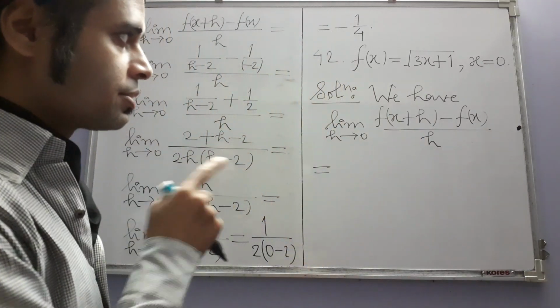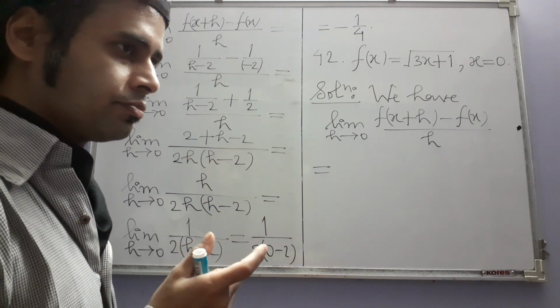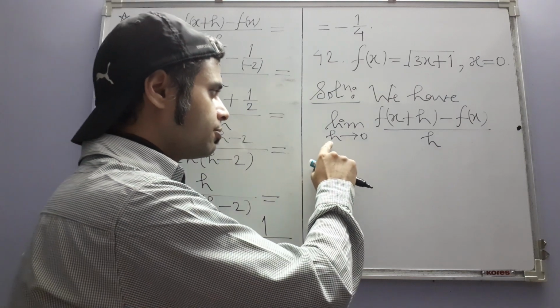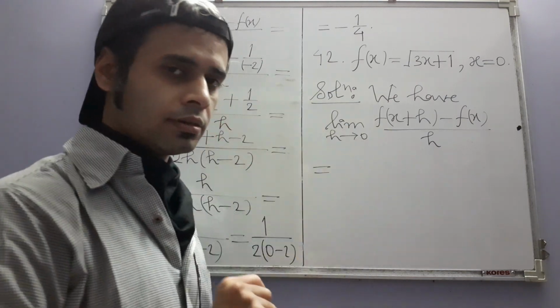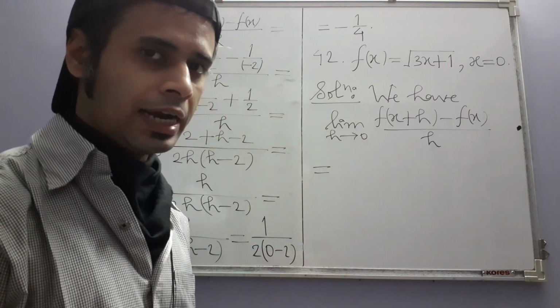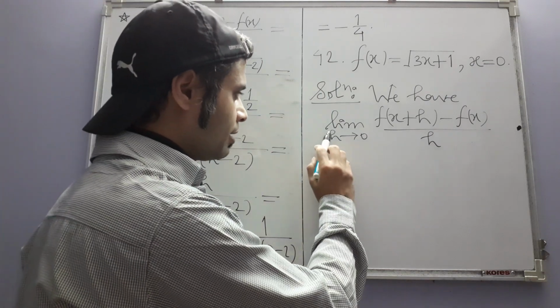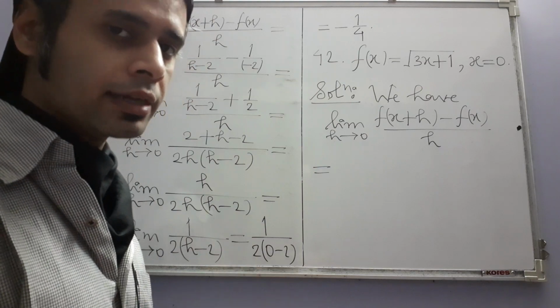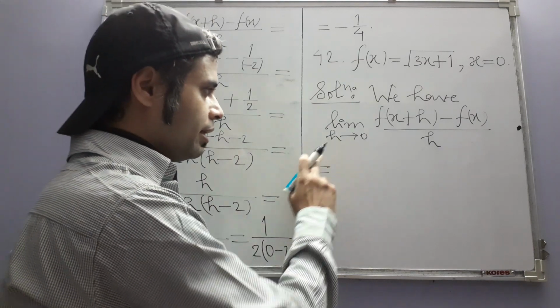In writing this limit, it's tempting to take x approaching 0. I don't know why, but sometimes I feel like writing x here, maybe because we are used to taking x there, so that will be a terrible mistake.